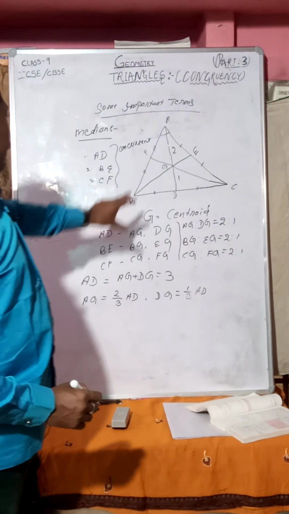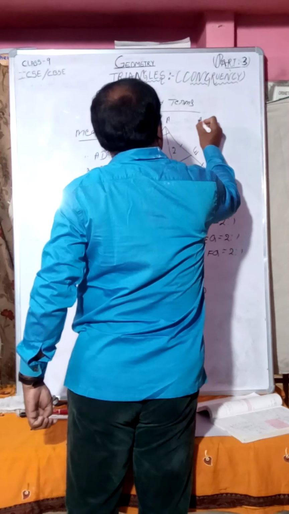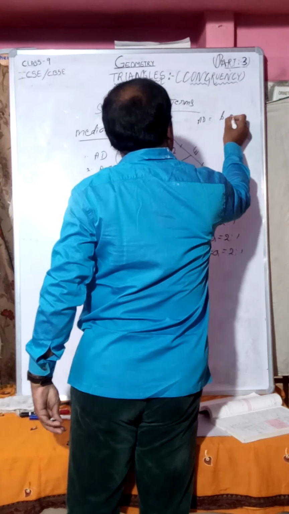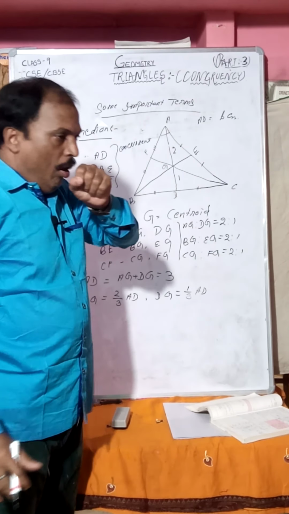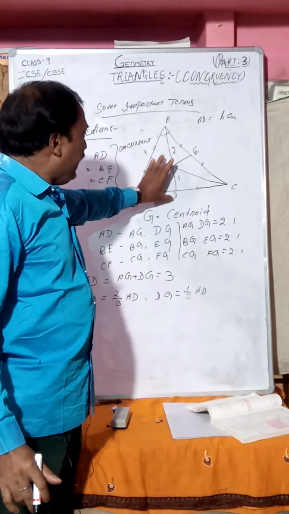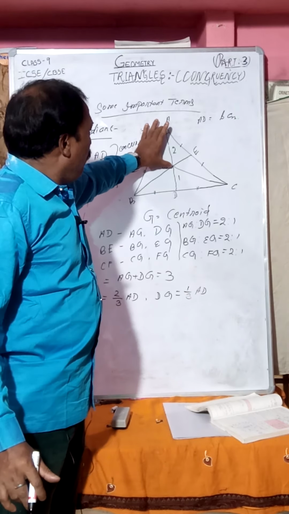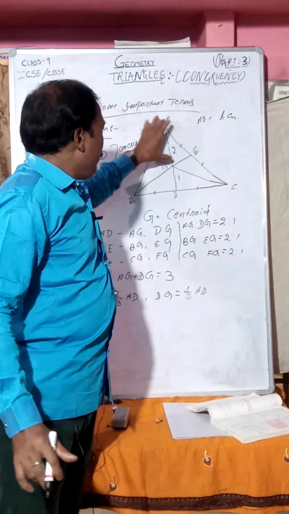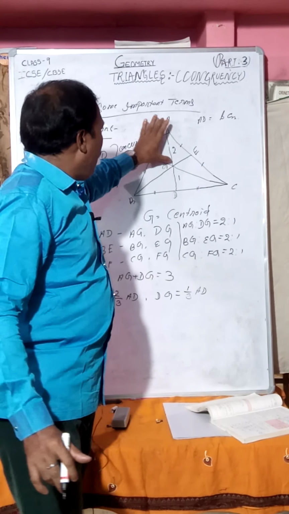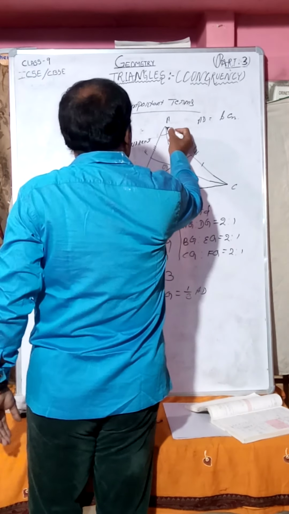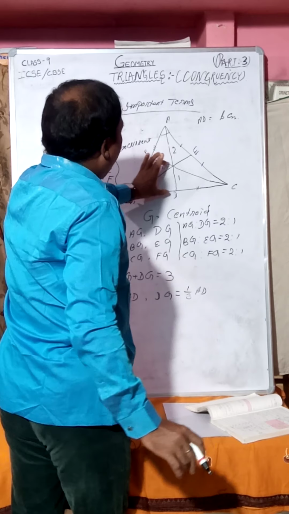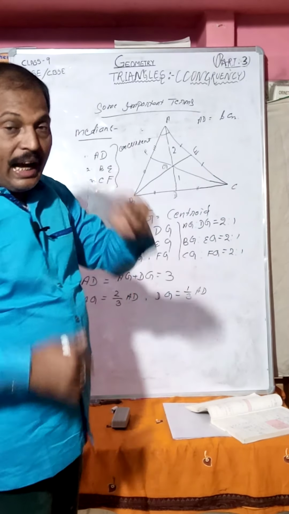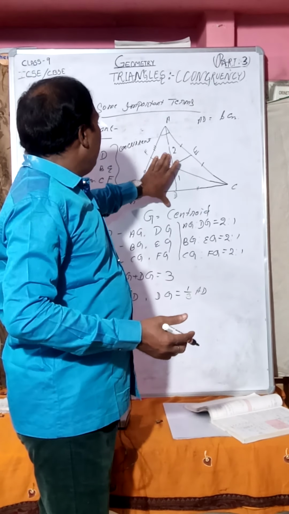So if AD is equal to 6 centimeter, what is AG and what is DG? 2 parts out of 3 parts is AG, and DG is 1/3 of AD.